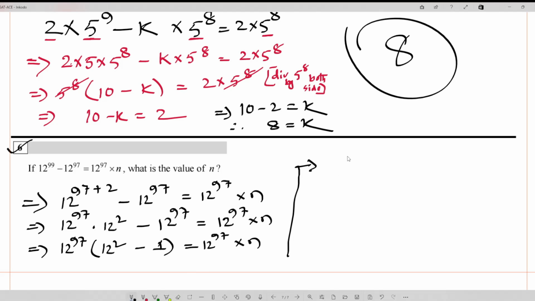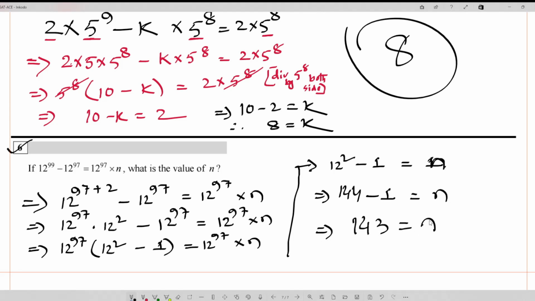So here is 12 squared minus 1 equals n. So 12 squared, what does 12 squared mean? 12 squared means 144, and minus 1 equals n. So our answer is n equals 143.